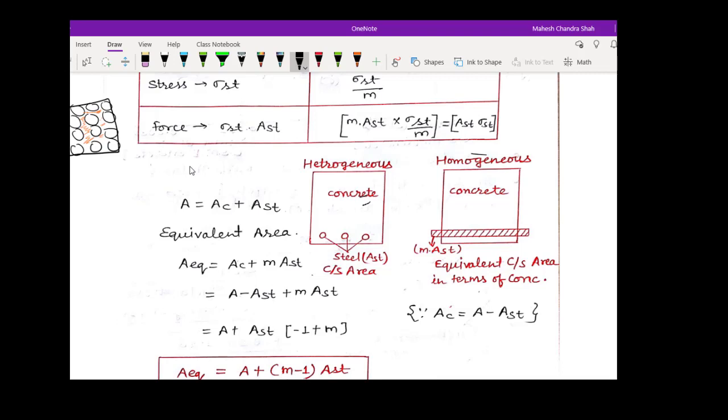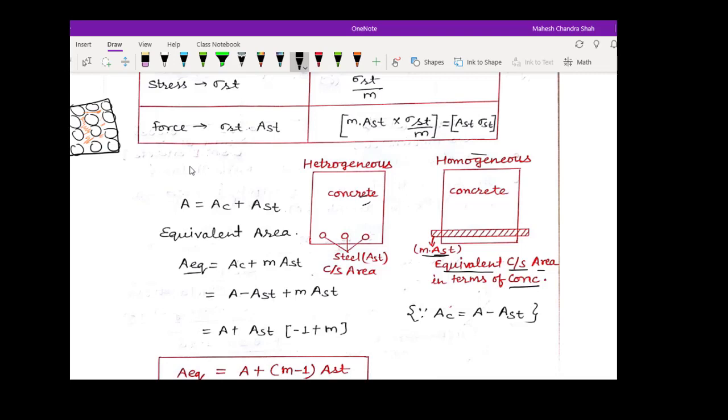What will be the area which replaces this steel? The area of concrete will be m Ast, which is also known as the equivalent cross-sectional area in terms of concrete, because we have replaced steel by concrete. This is the area of steel but taken in terms of concrete.